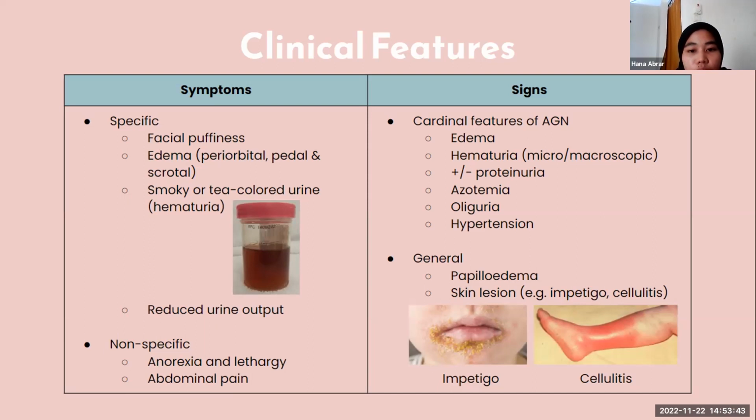Further examination may reveal cardinal features of AGN: edema, hematuria, either microscopic or macroscopic, with or without proteinuria, azotemia, which is elevation of blood urea nitrogen and serum creatinine, oliguria, which is decrease in urine output, and hypertension. General signs include papilledema and skin lesions such as impetigo or cellulitis.